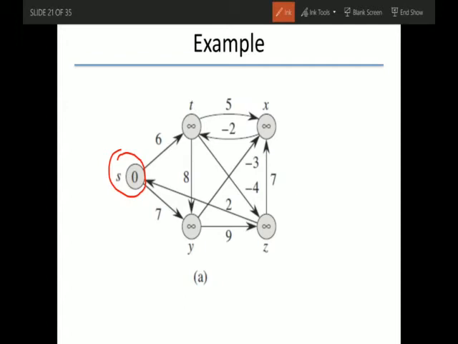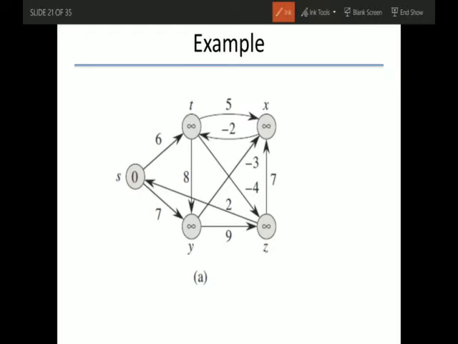If you can see, all the vertices have some value inside them, and inside the vertex the value is v.d. So s.d is 0, y.d is infinity, z.d is infinity, and so on. Initially, apart from the source, all the vertices have the shortest estimate as infinite, because we have not calculated the shortest estimate yet.